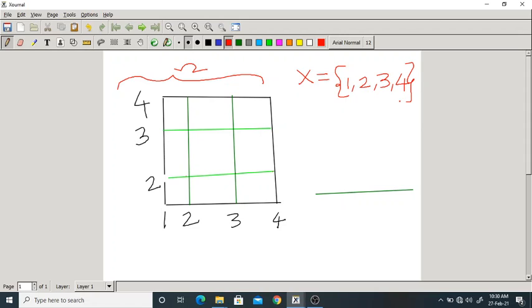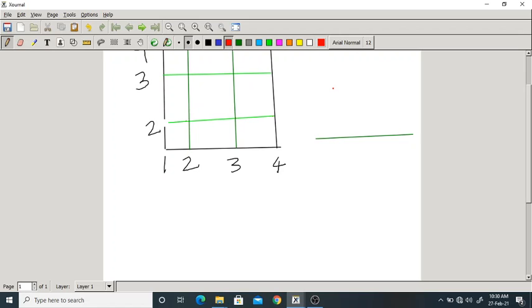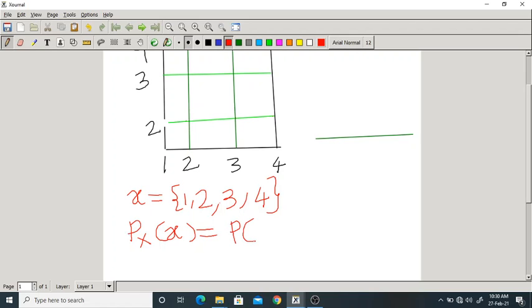Correct? Now, what is the probability that X equal to 1? We have to find out the probability mass function, so small x also takes on these 4 values: 1, 2, 3, 4. First of all, we have to find out PMF, Px of x. What is the definition? Probability that X equal to small x.